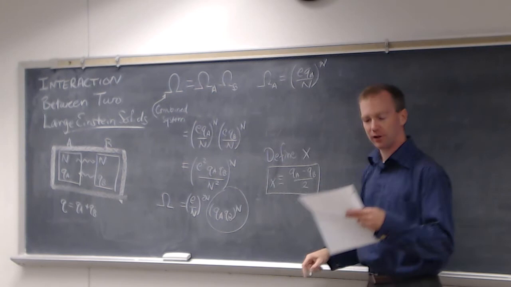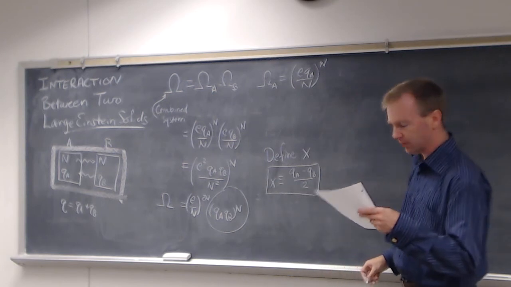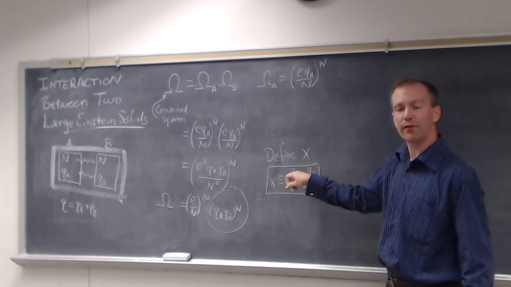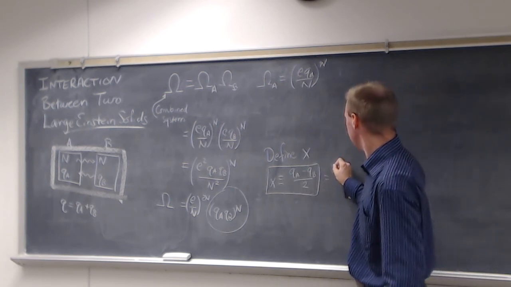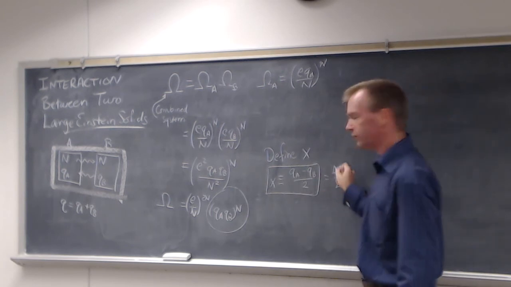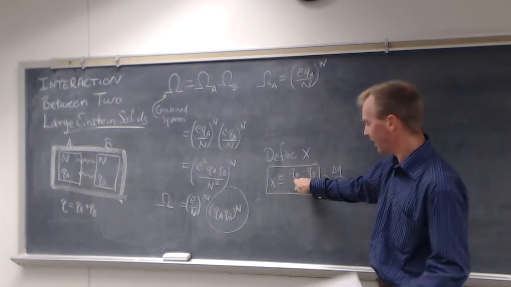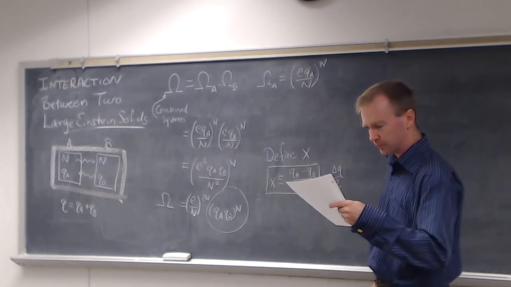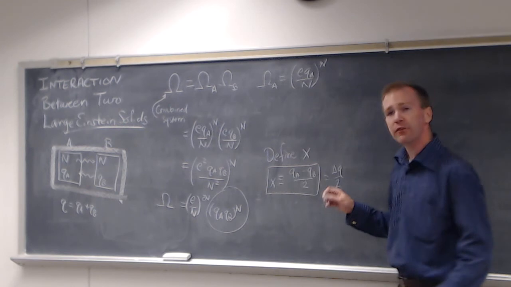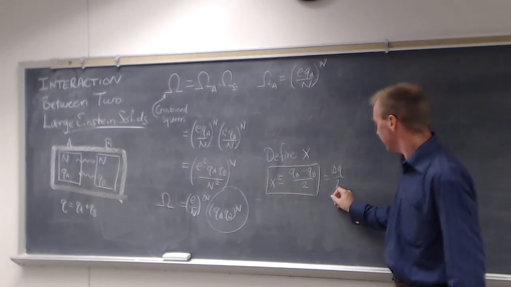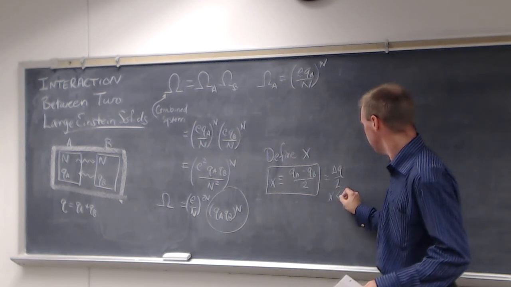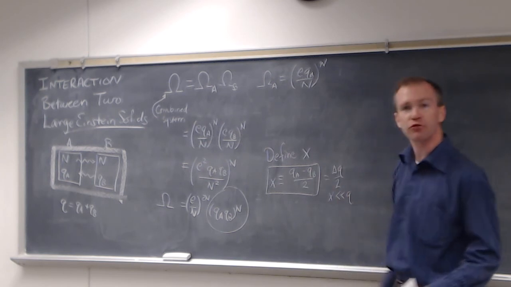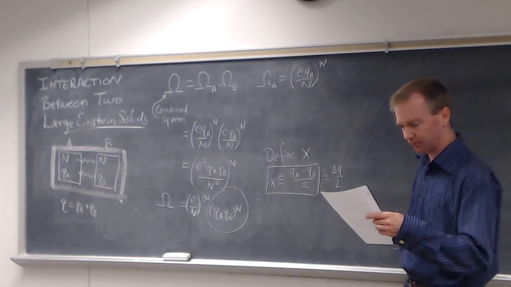That's the definition of X right here. So it's the difference between their energies divided by 2. You could even write it out as delta Q over 2, but keep in mind, this is what it is here. This will mean then that X tends to be much less than Q, which is going to be useful in approximating.